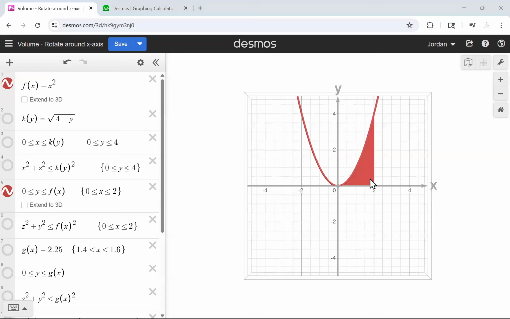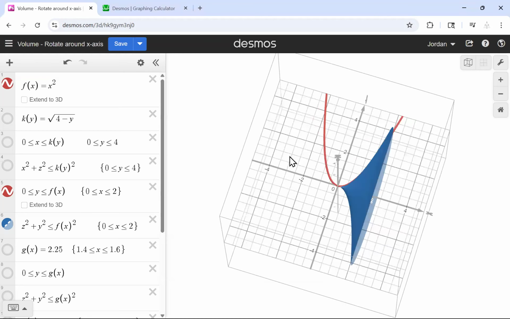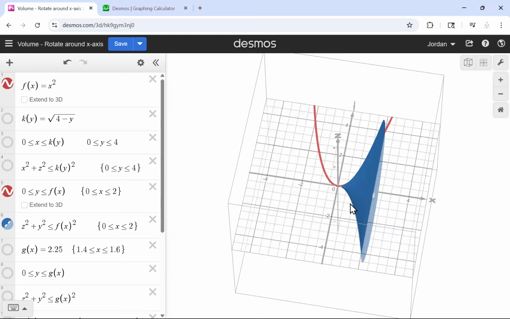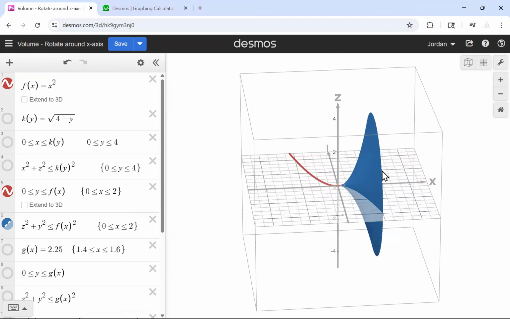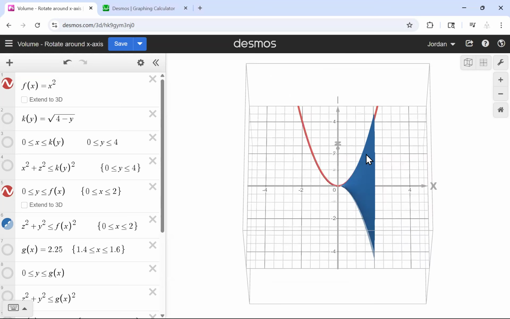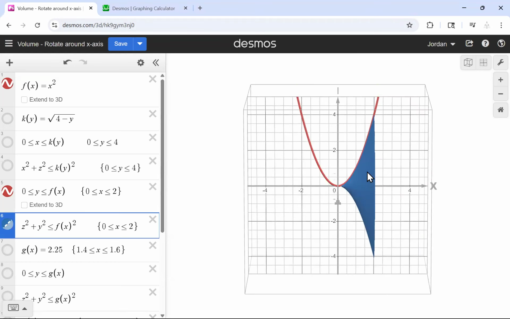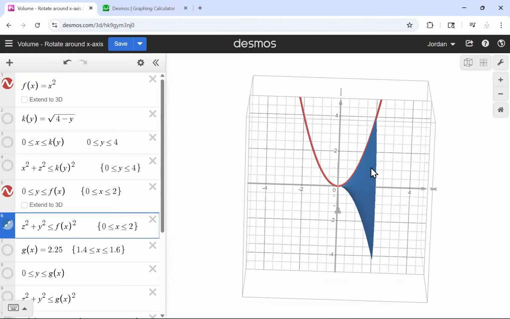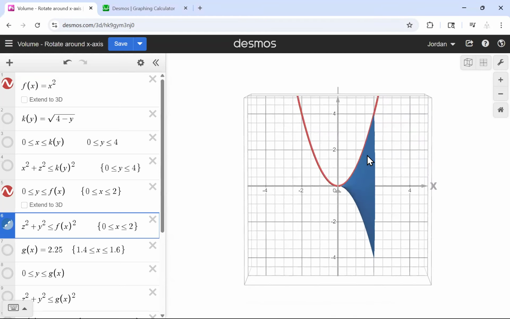So we've taken this region, rotated around the x-axis. I don't expect you to know how to graph that using 3-dimensional graphing, but that's the object that we have. That's the object we saw earlier. And that object has volume, which is 6.4 times pi, or in other words, 20.11 approximately.